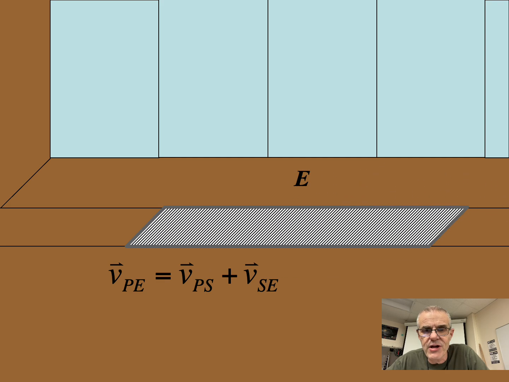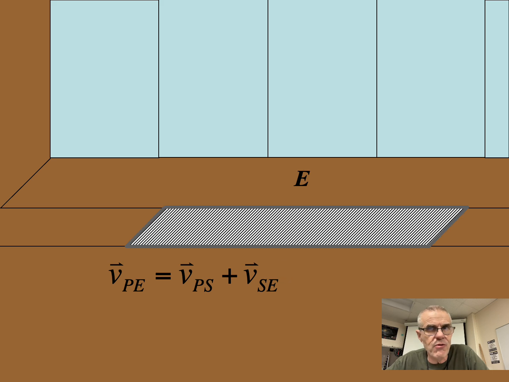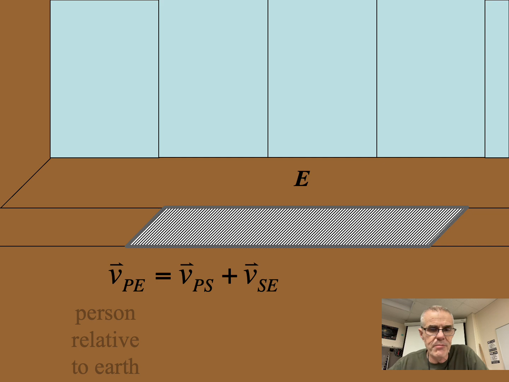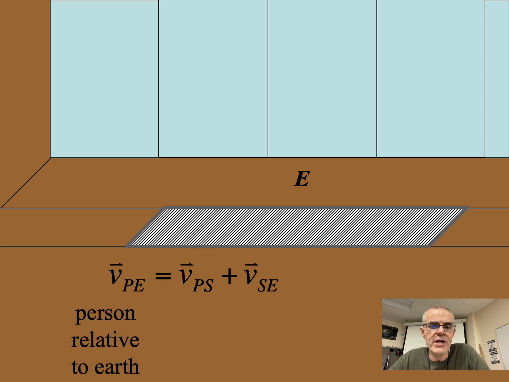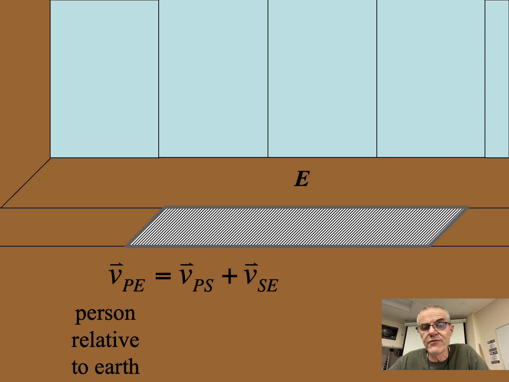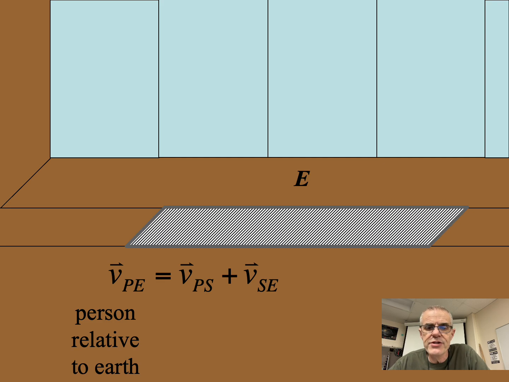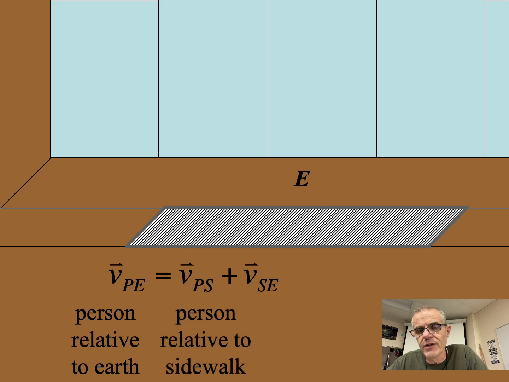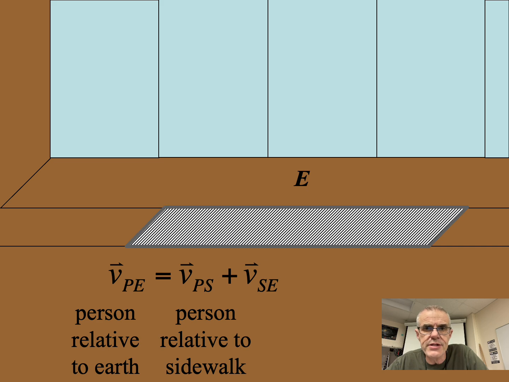And if you think carefully about what's happening, if you move on the sidewalk a certain number of meters, and at the same time the sidewalk moves a couple of meters, then you'll move that combination of meters relative to Earth. So that applies to your velocity. The velocity of the person relative to the Earth is the velocity of the person relative to the sidewalk, that's how you're walking on the sidewalk, plus the velocity of the sidewalk over the Earth.